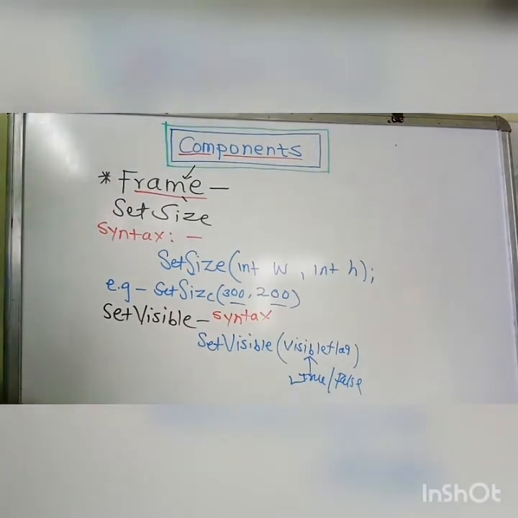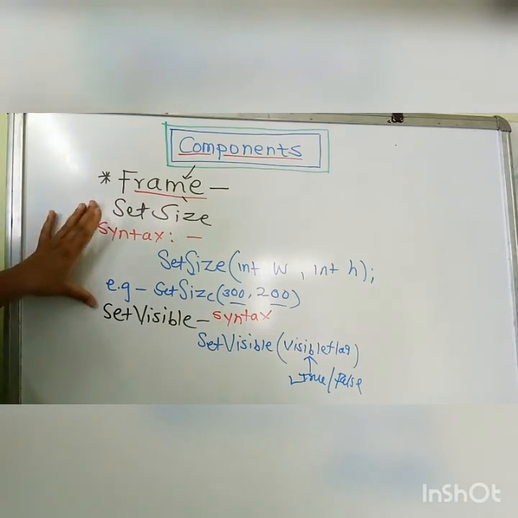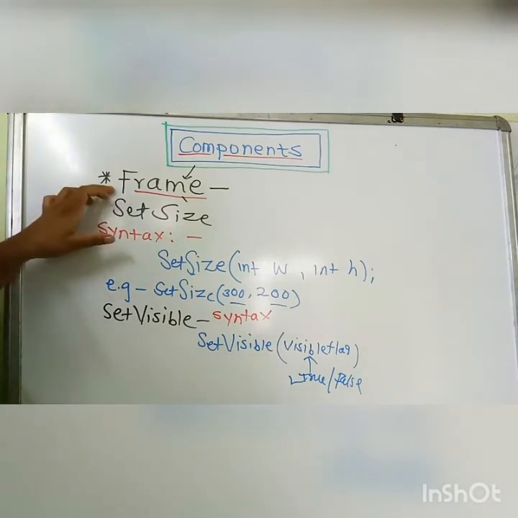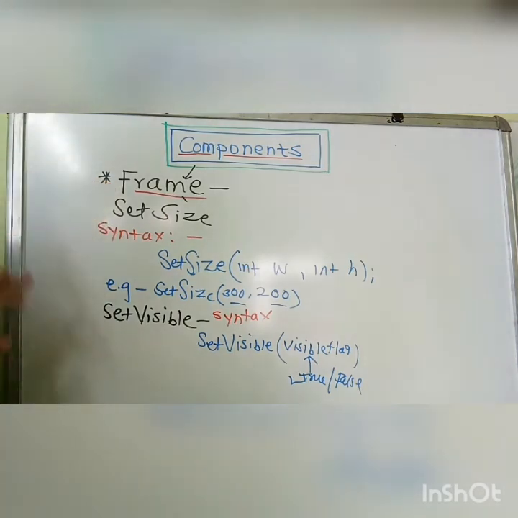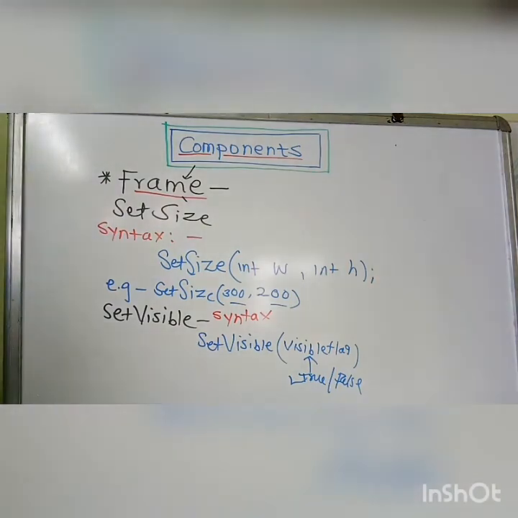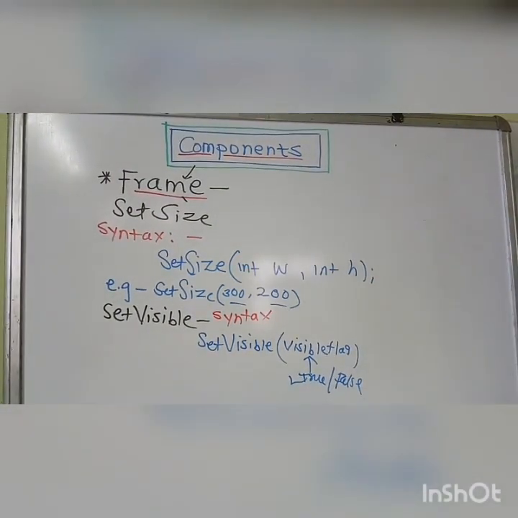Then it has two other important methods, that is setSize and setVisible. If you do not use these two methods, there is no point in using the frame. Set size and set visible methods are essential to the frame. So this is all about what a frame is, and the different features of this Frame class.